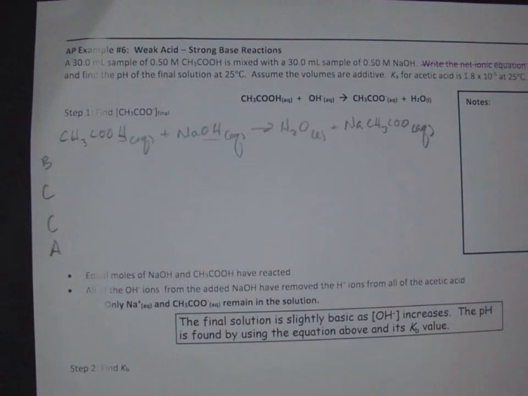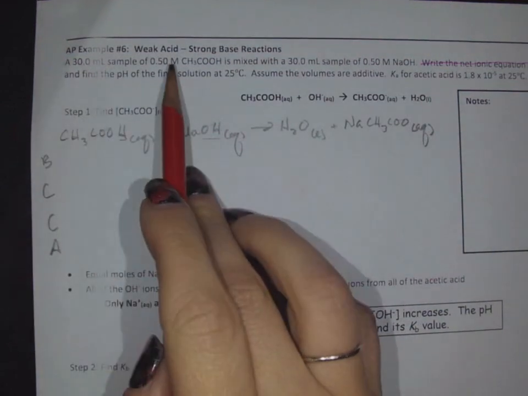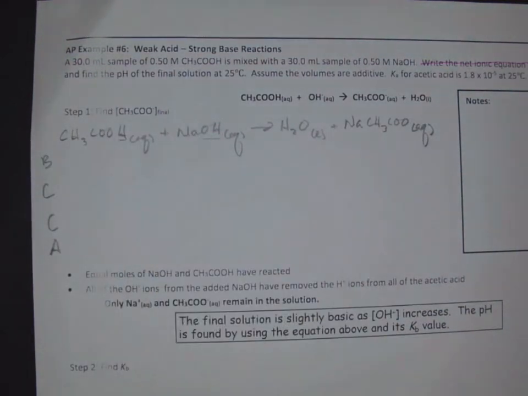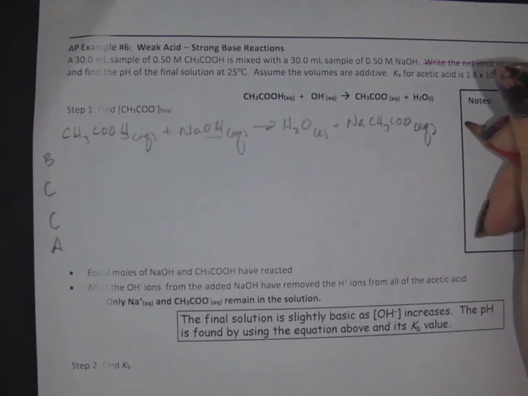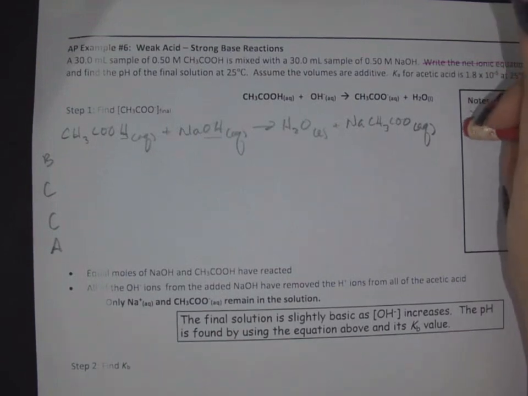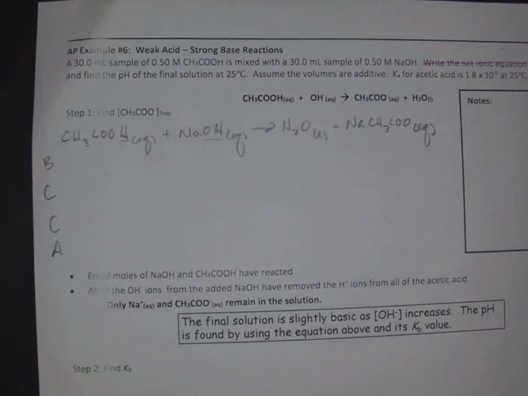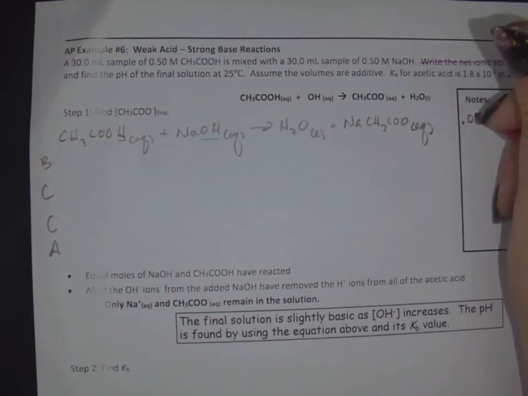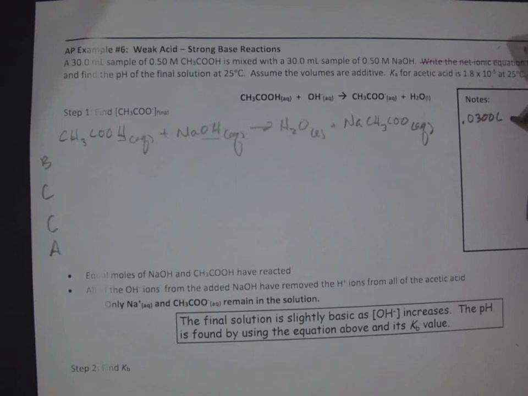And we have our BCA table. So I see a volume and I see a concentration, and when I multiply those together, I'm going to get the amount of moles. So if I have 0.0300 liters times 0.50 molarity, then that's going to be 0.015 moles.